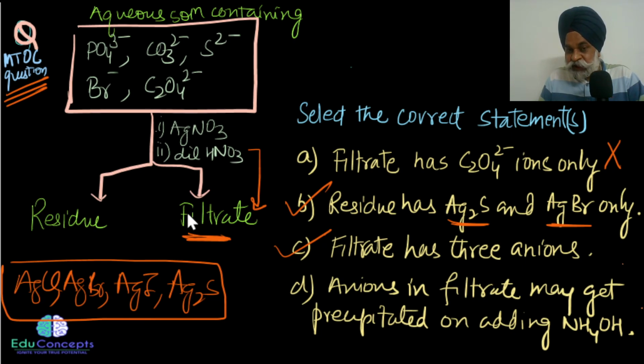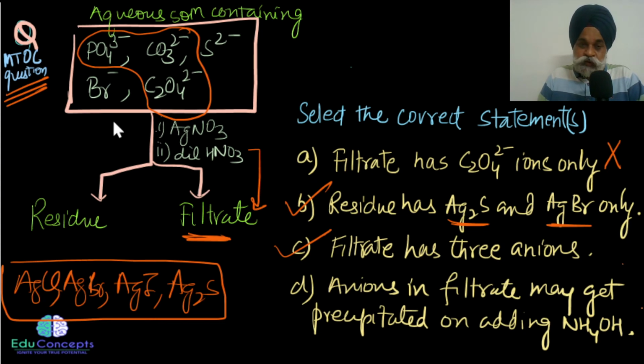Because as soon as HNO3 and ammonium hydroxide start reacting, the solution would turn to be less acidic and comes near to the neutrality. So as soon as the solution becomes neutral, all these anions which were there in the filtrate again would get precipitated if you add a little bit of silver nitrate more into it. So this seems also to be the correct statement. So the answer to this question can be B, C, D.